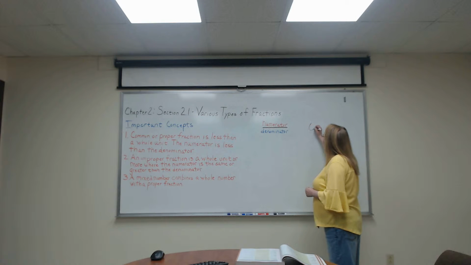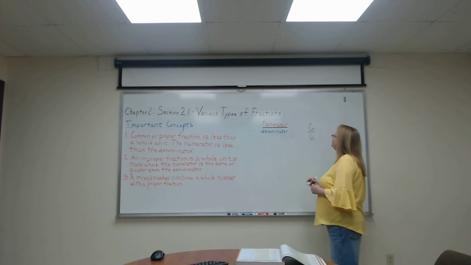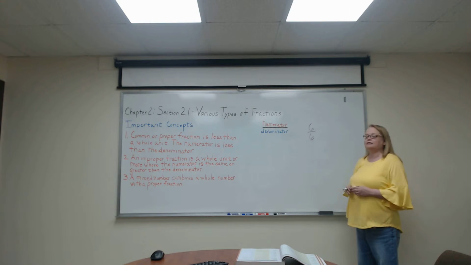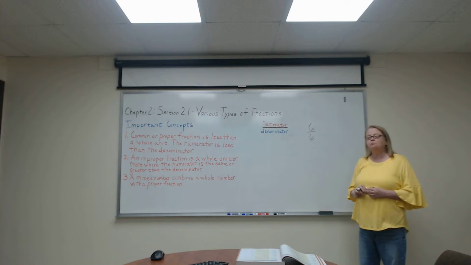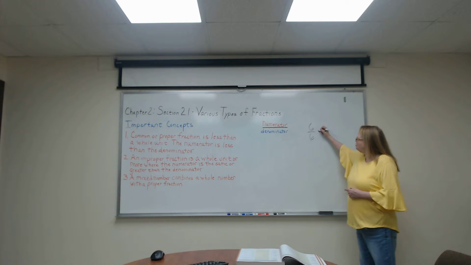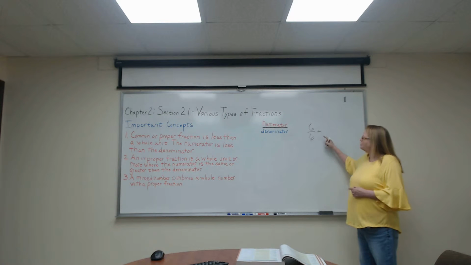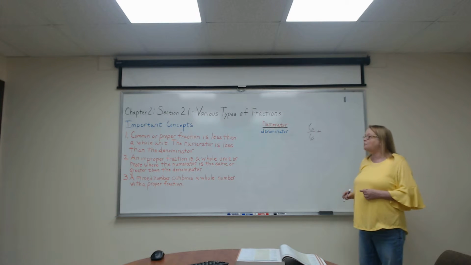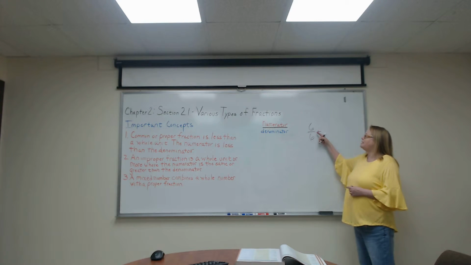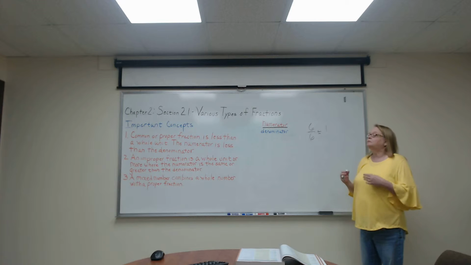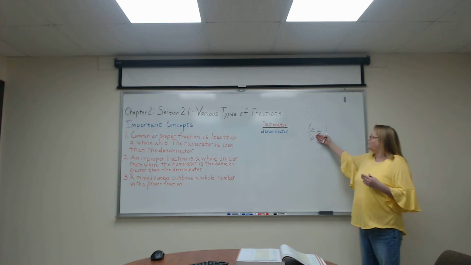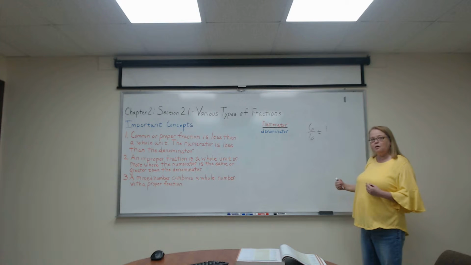So if I have a fraction such as 6/6. If you remember and you watched the previous video, I had told you to think of this fractional line as a division problem. If we would divide 6 into 6, we'd come up with 1. So, whenever we have a number divided by itself, it's always 1 or the whole.